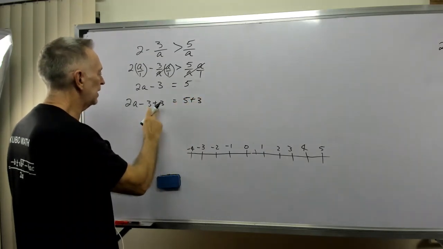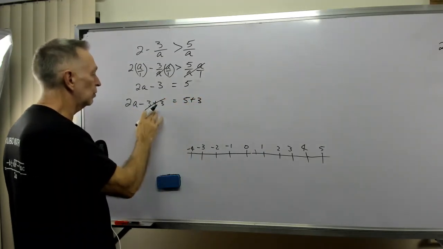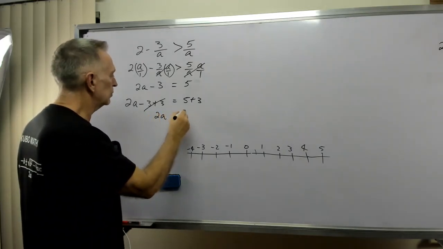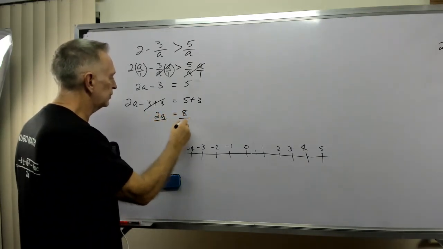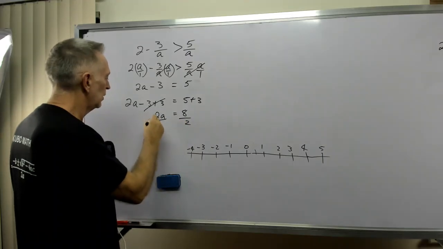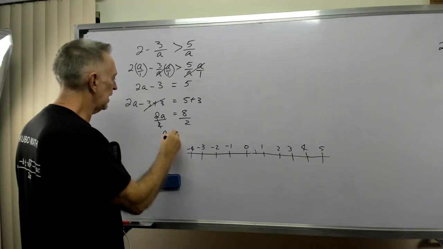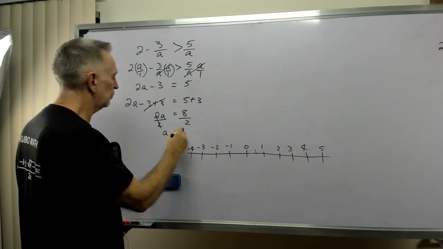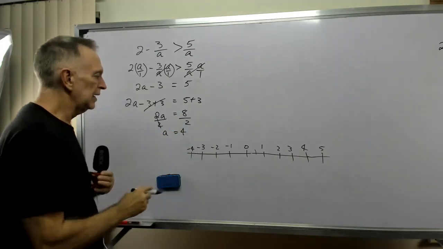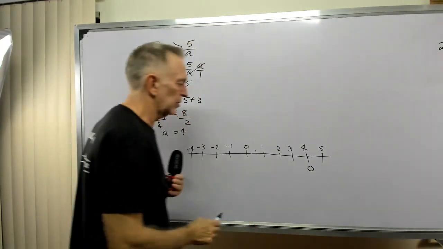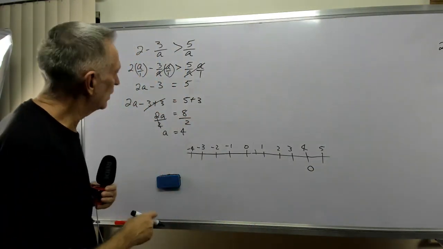We've just added 3 to both sides. Those 3's cancel, so I end up with 2a equals 8. Divide both sides by 2. 2 divided by 2 is 1, 1 times a is a, 8 divided by 2 is 4. So a equals 4. Well, it doesn't equal it, so I'm going to put an open circle there.